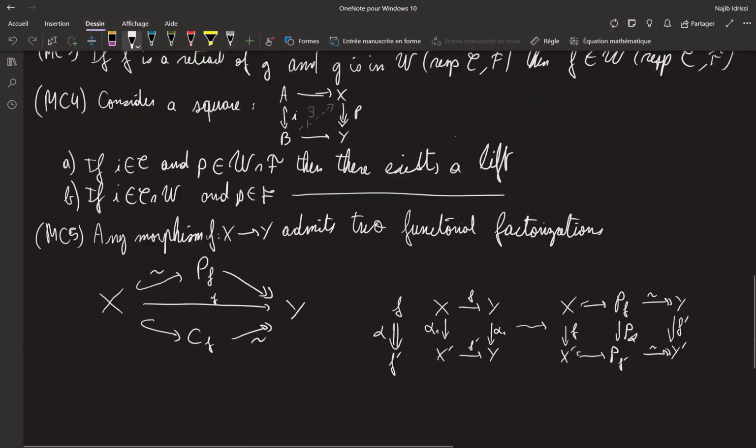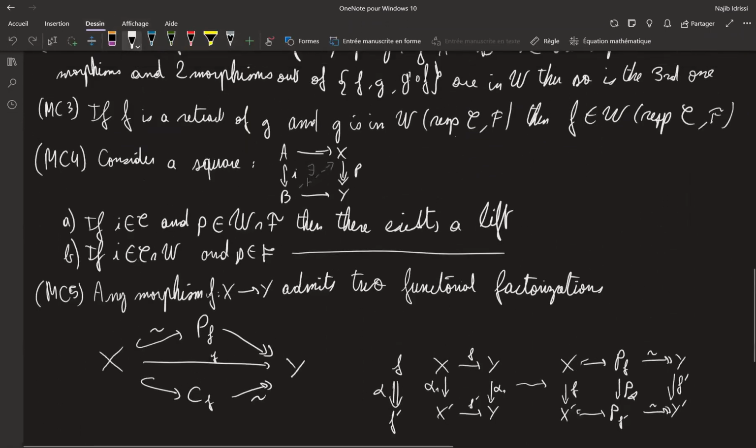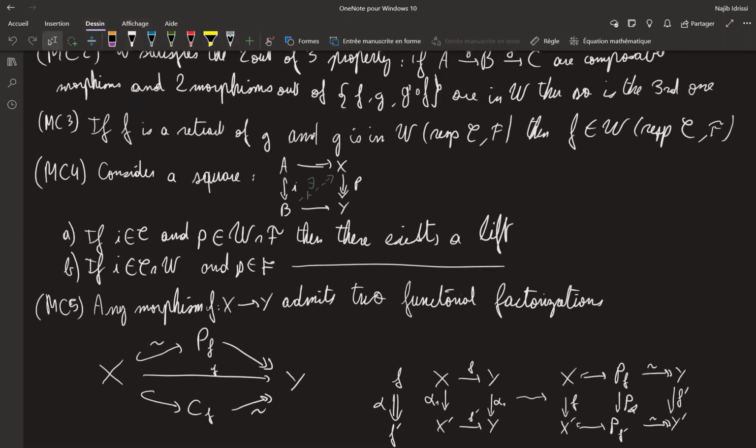Okay, so this is the definition of a model category. It seems maybe a bit intimidating at first, but as you are going to see, it's not so bad. Really, once you know you have a model category, working inside the model category is not so difficult.